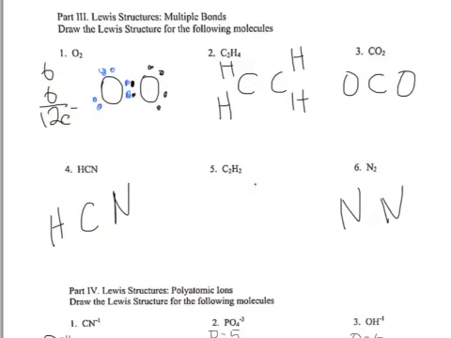Normally we'd start out with, let's see, we have 1, 2, 3, 4, and then we might assume 5 and then 6.